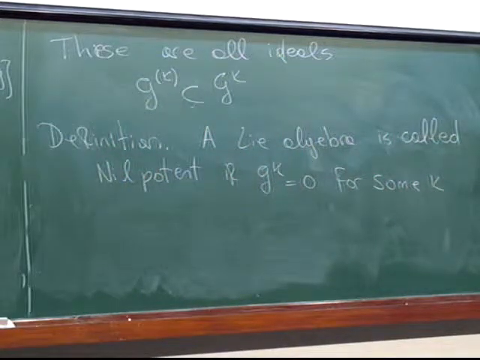So if this sequence at some point stops, that Lie algebra is called nilpotent.